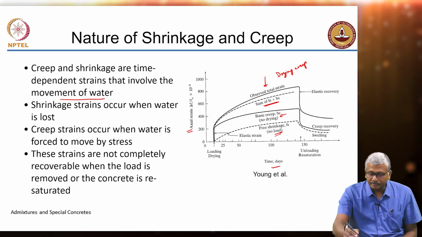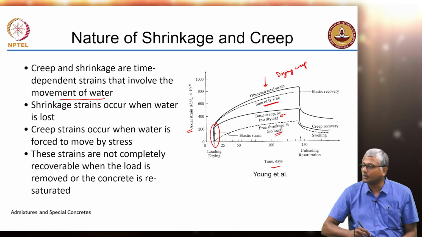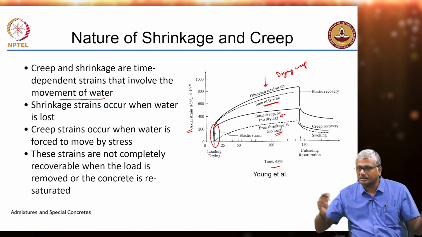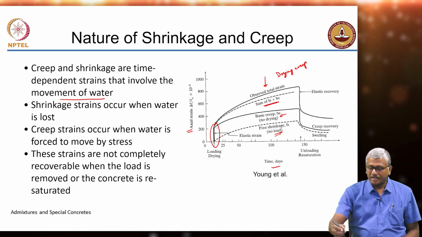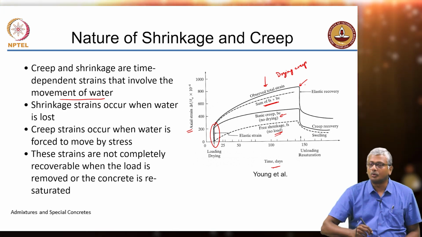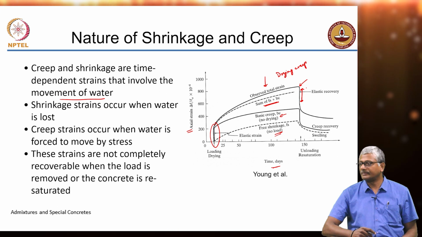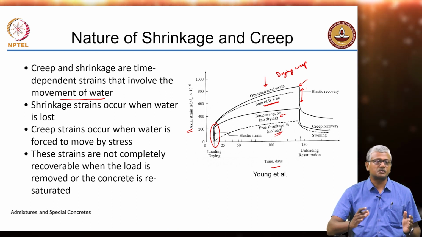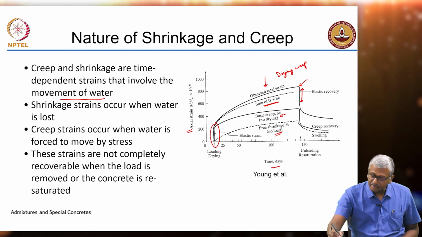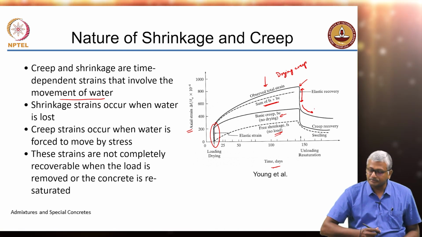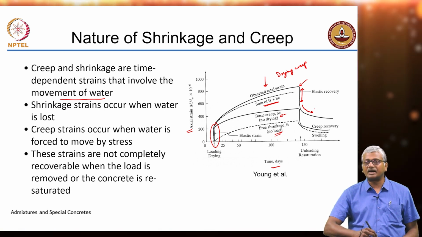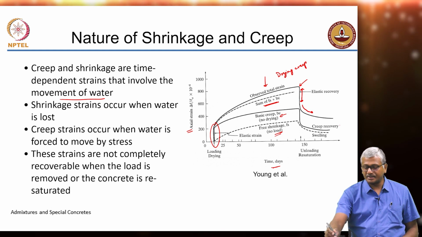Now, of course, in the beginning when you start loading, there is an elastic strain, immediate response of the concrete. If at any stage you unload the concrete, there will be an immediate elastic recovery. Whatever elastic strain has been induced will be recovered immediately. Incidentally, there is also a small strain that is recovered after that, which is called a creep recovery.